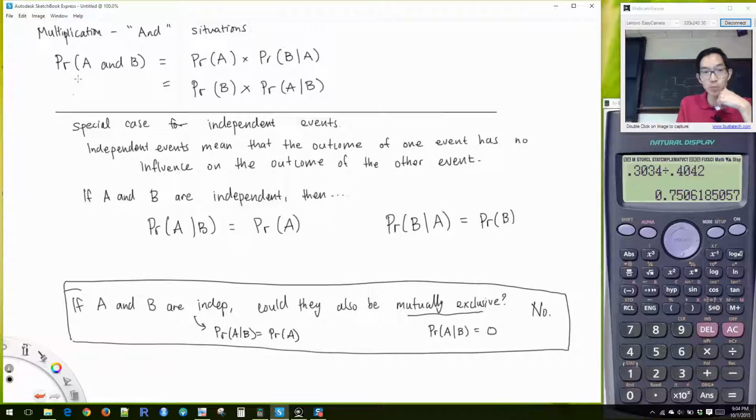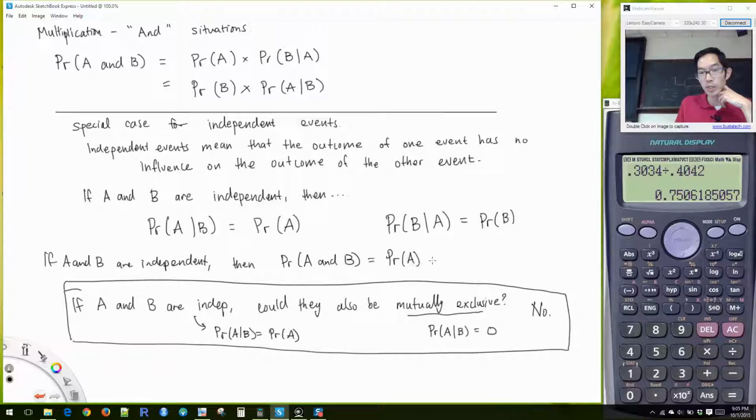If we apply the multiplication rule to independent events, so if A and B are independent, then the probability of A and B would then be equal to what?